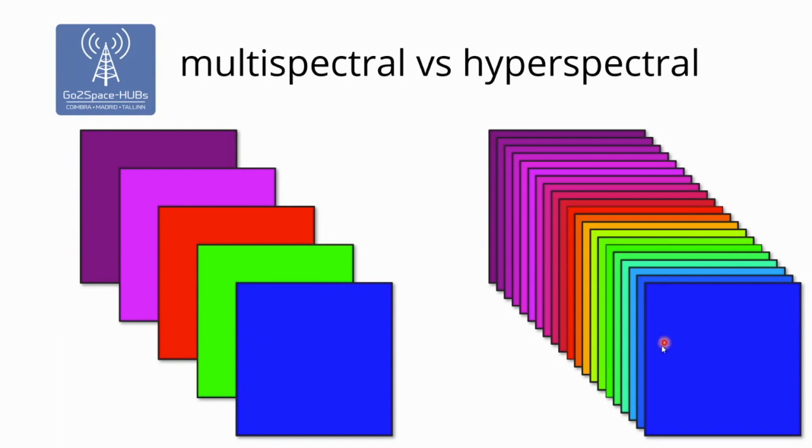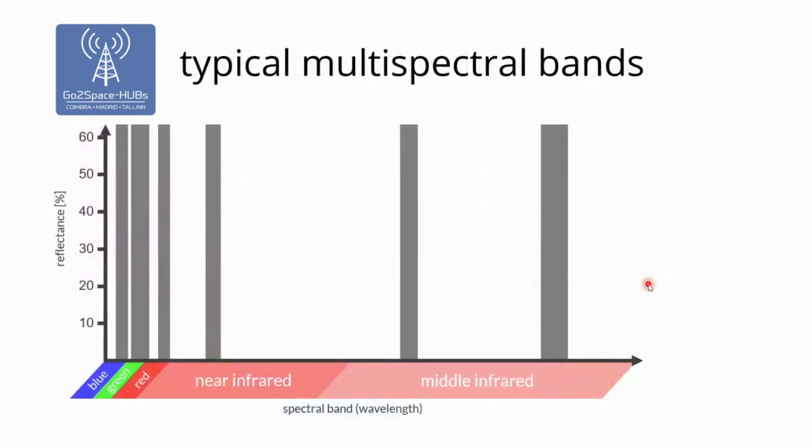But the widths of those hyperspectral bands are much smaller. It's like, for example, from 400 to 403, from 403 to 405, and this way we produce much more information, much more data. We'll talk in a second why it might be important.